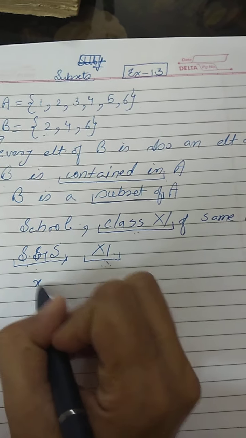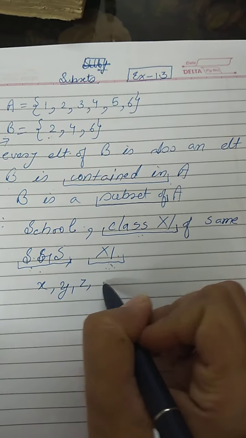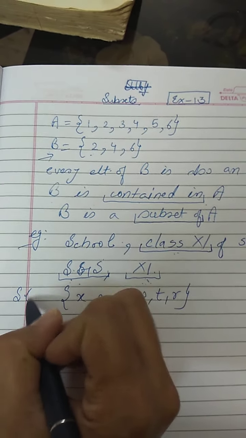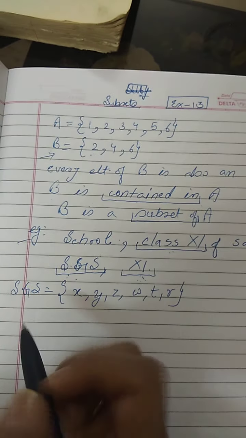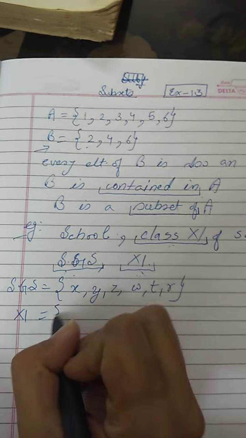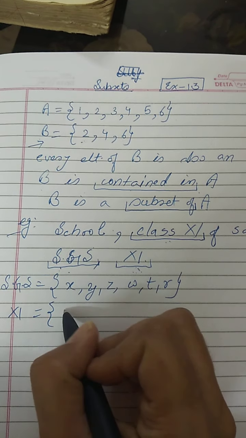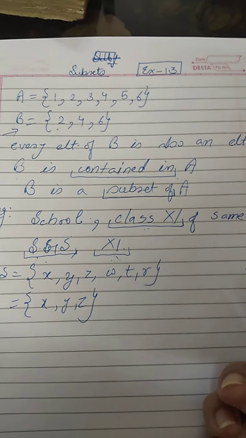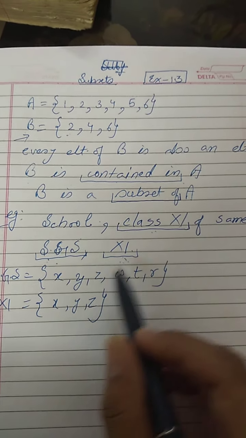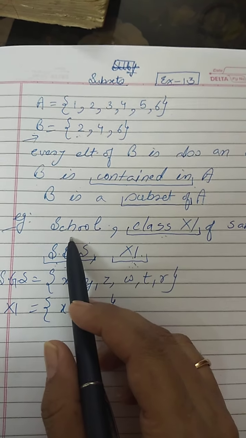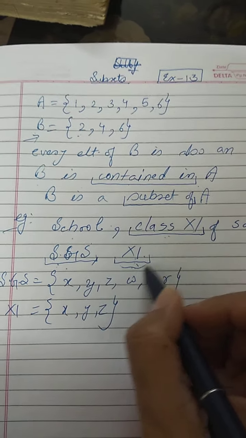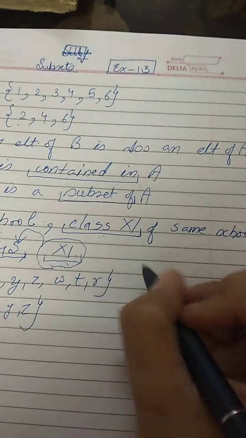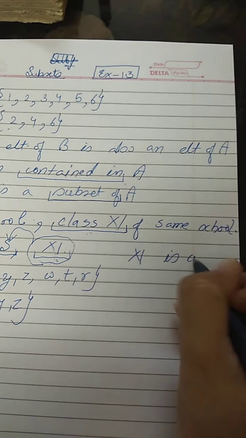So if X, Y, Z, W, T, R are all the students in SGS, I am taking a few only, and there are a few students in class 11 out of this, that is X, Y, Z, and let us take that these X, Y, Z are from you people only. Then every student of class 11 is also a student of SGS. That means class 11 is a part of SGS only. Okay, it means class 11 is contained in SGS, right?